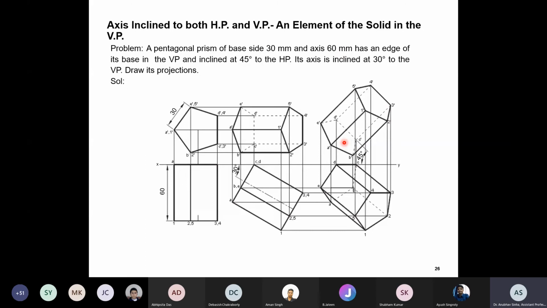One last example where there is some inclination and one element is in the VP. Okay. So again, now you have to take two steps, if it is inclined to both the planes.